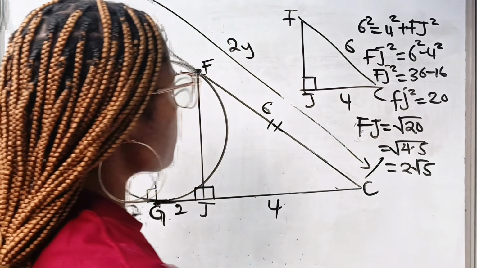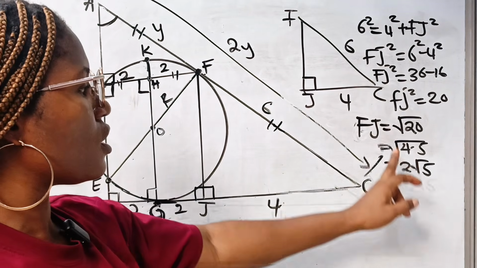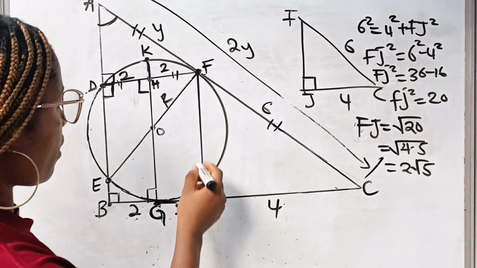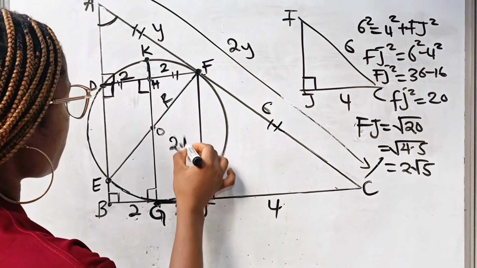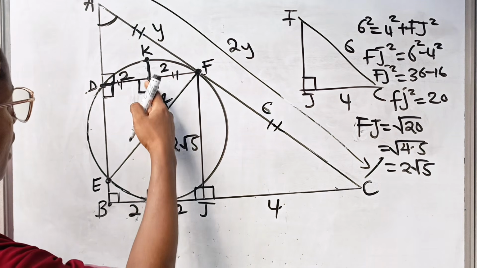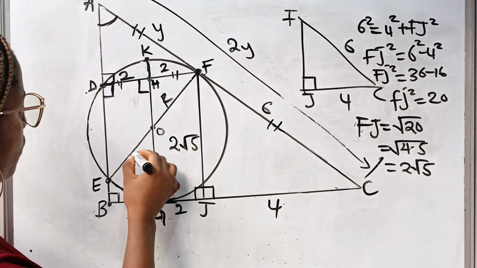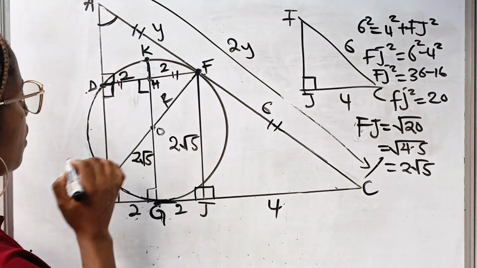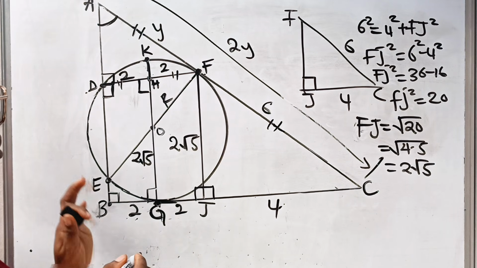So we have FJ as 2 root 5. That means HG is also 2 root 5.